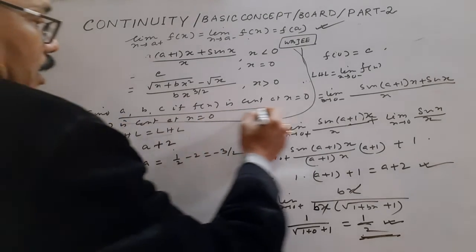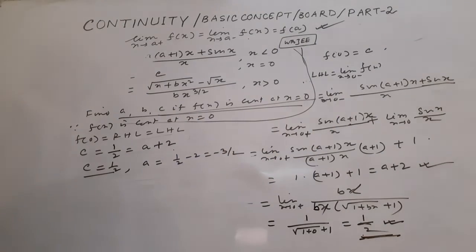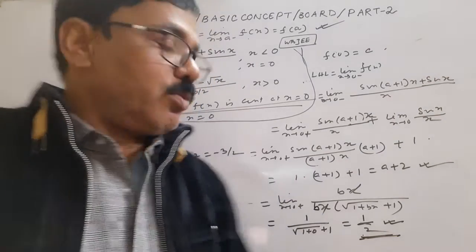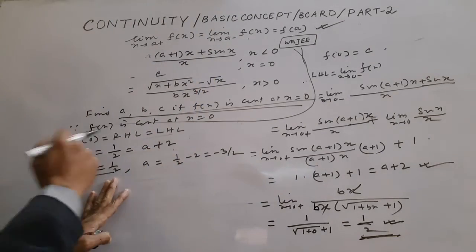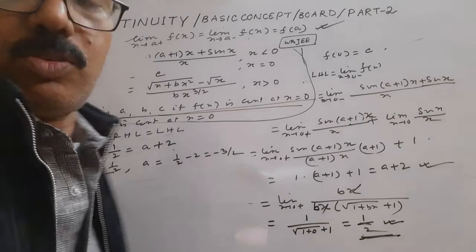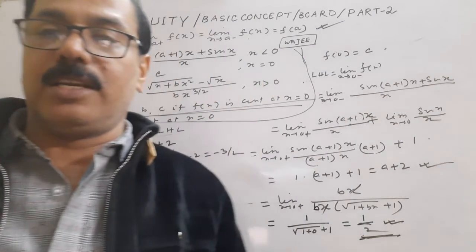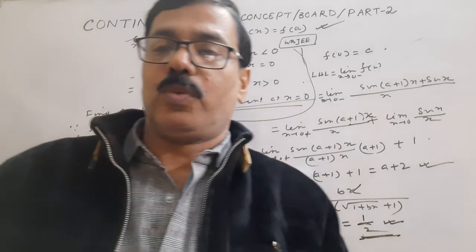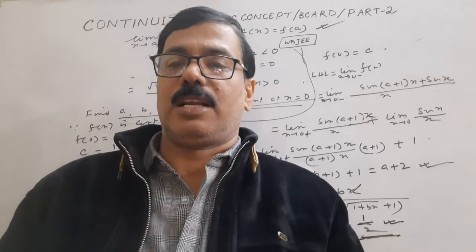Now what is our problem? Find a, b, c if f(x) is continuous at x equals 0. So we are not getting any value of b. If we do not get any restriction involving b, we say b can take any real value.